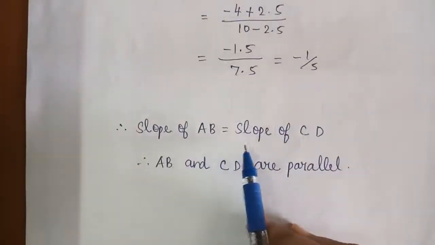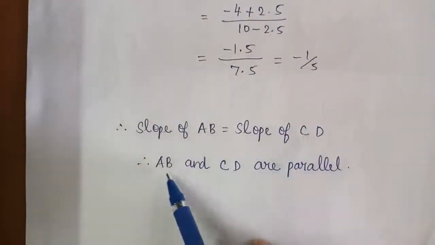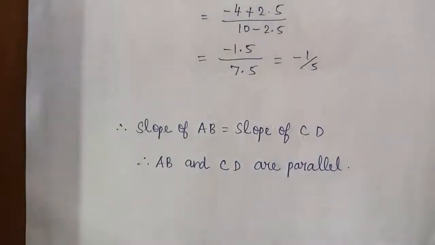Therefore, slope of AB is equal to slope of CD. Therefore, AB and CD are parallel.